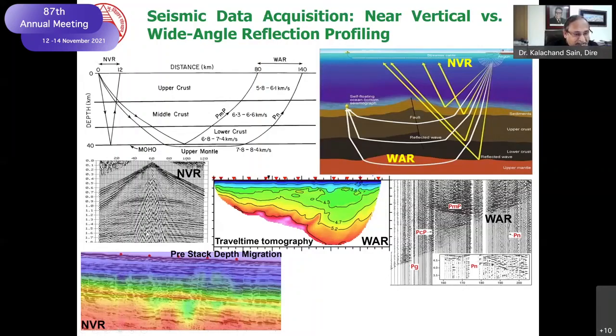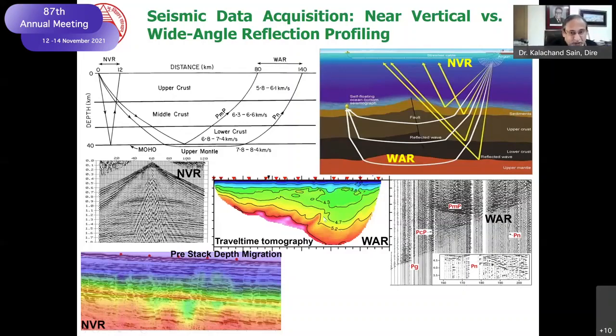When we process the near vertical reflection data, we get this type of subsurface image that shows a lot of structural details. But when we have the wide angle, single fold data, and we process it, we get the variation of subsurface physical properties in terms of seismic velocities.